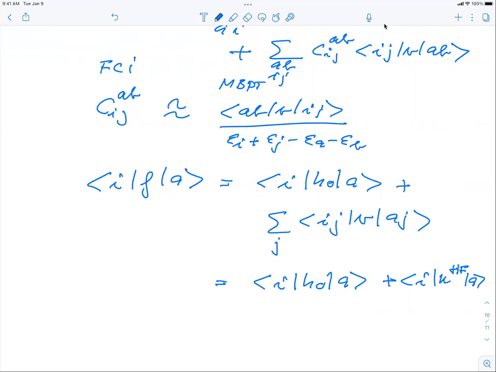Now, if these states, A and I, are eigenstates of this one, then we know that this matrix element here is by definition equal to 0.